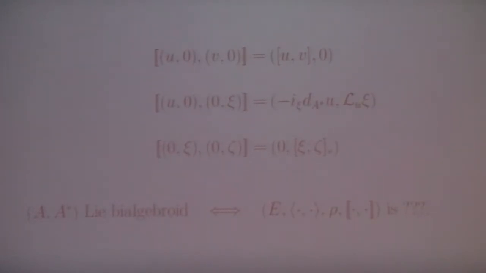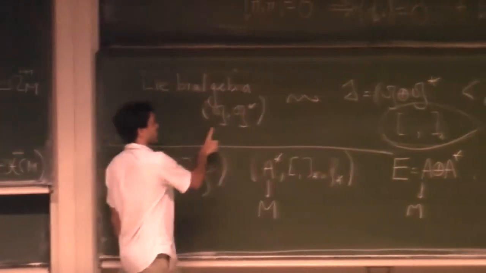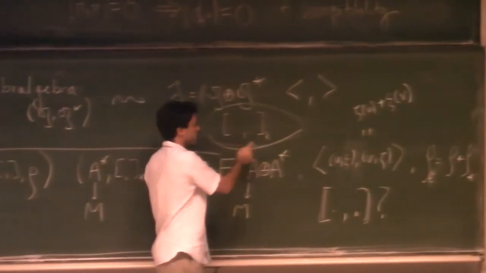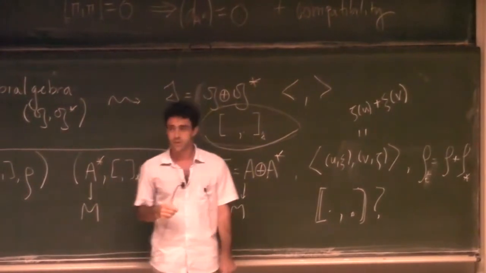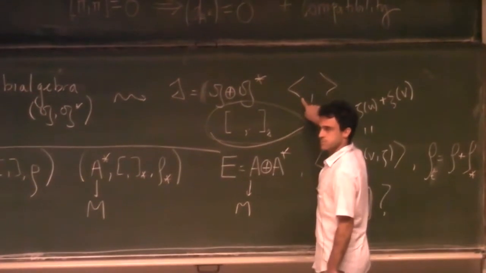And if this was just a game of words, right, then you would guess something very naturally. So in this case, you had a Lie algebra, and then you had another Lie algebra. You put them together, and this bracket is a Lie algebra bracket here, which is compatible with this inner product.